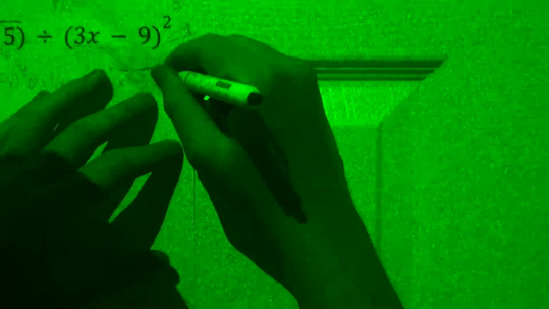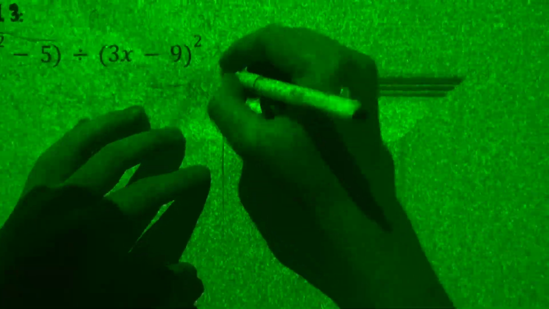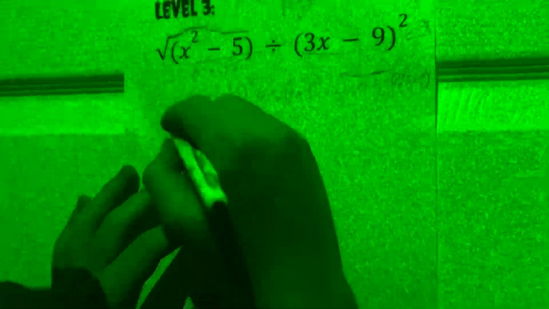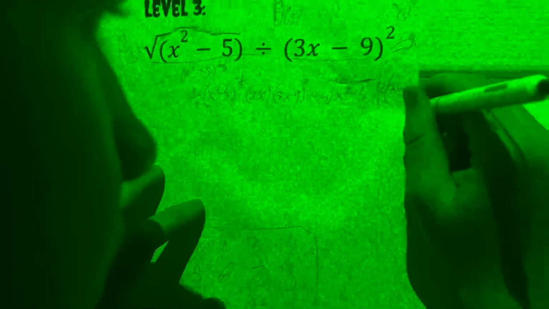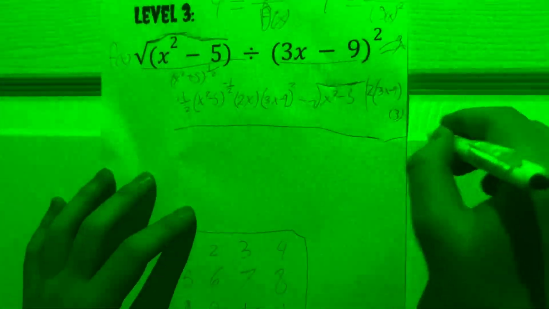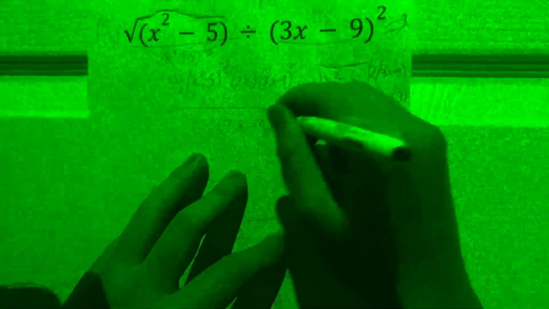Since this is already written like that, we can just go 2 times 3x minus 9, to the power of 1, so we don't have to write that, times the derivative of the inside, which is just 3. So that's the derivative of that, and we have to divide that by g of x squared, so it'd be 3x minus 9 squared.